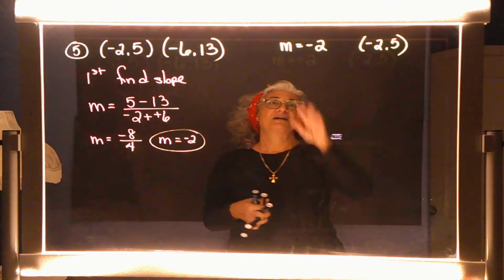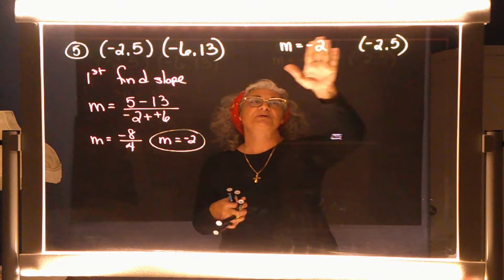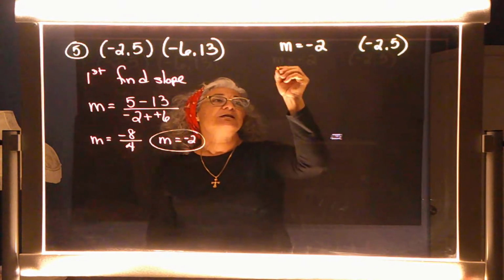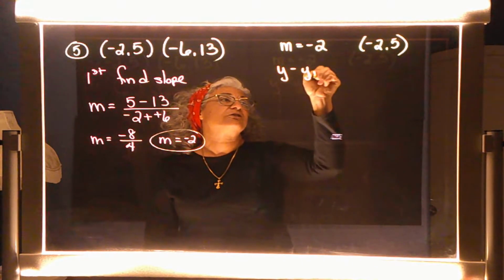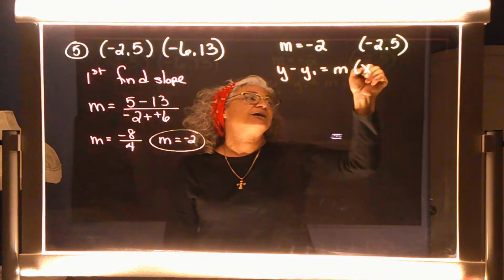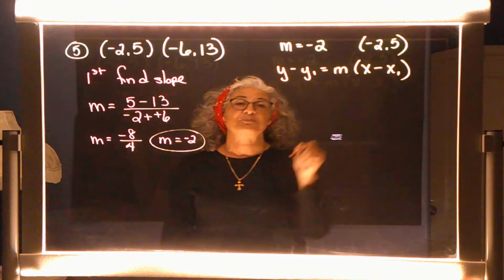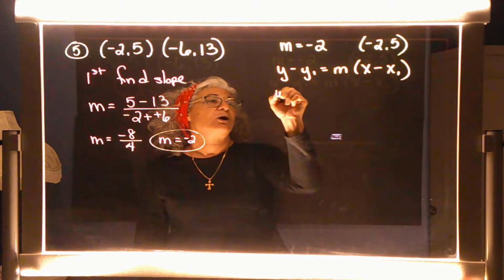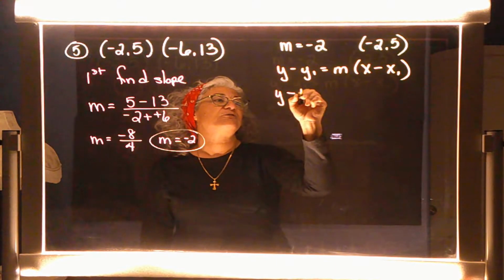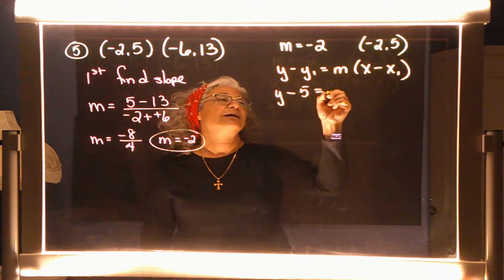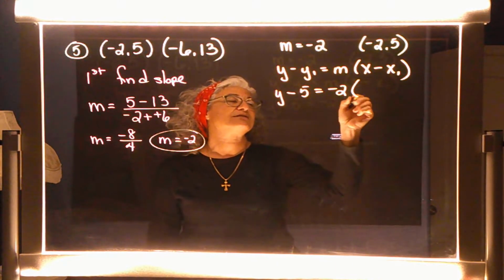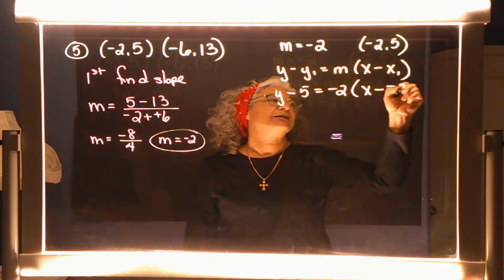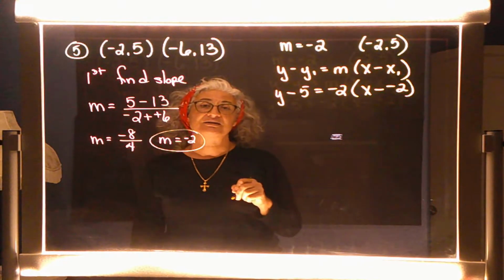Now that I've got a point and a slope, I'm going to use the point-slope form, which means we're going to write down the generic form to make sure we've got that down and know where the pieces to our puzzle are supposed to go, right? So y minus, good, 5 equals, excellent, the -2 because that's the slope, times the quantity x minus, right, a -2 because that x is negative.